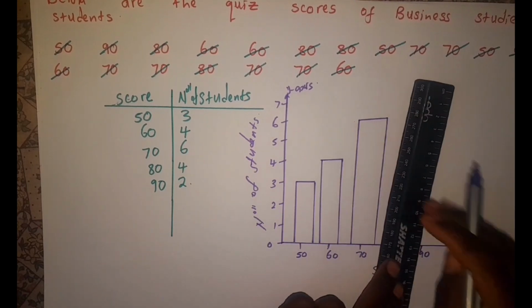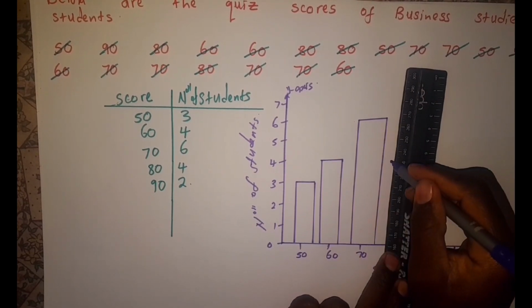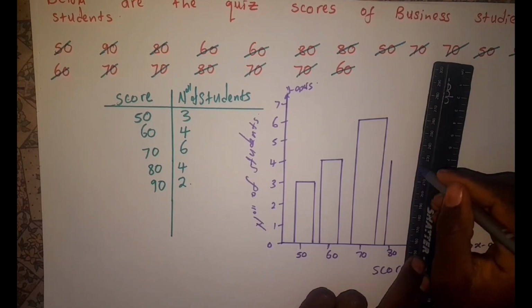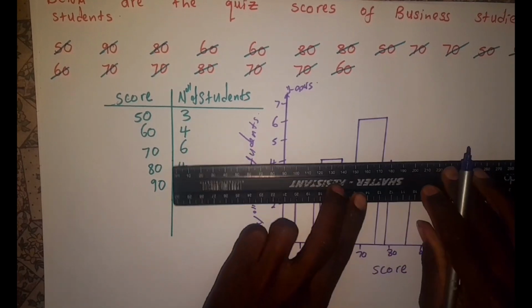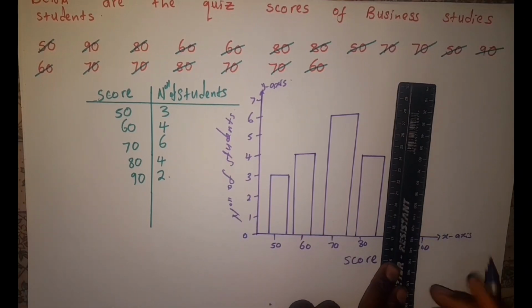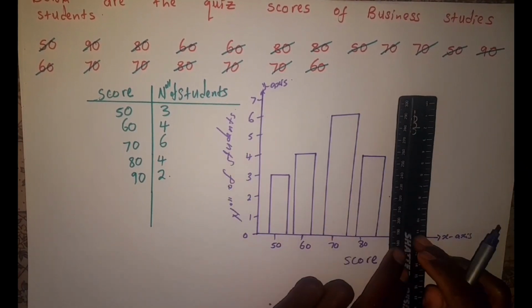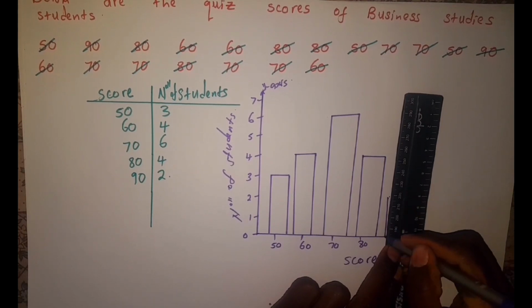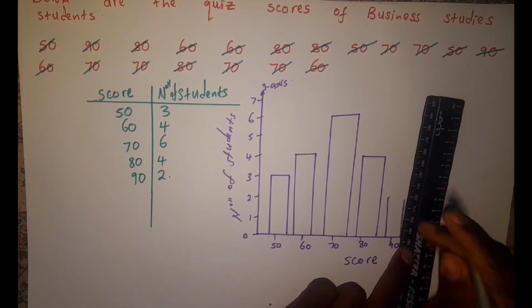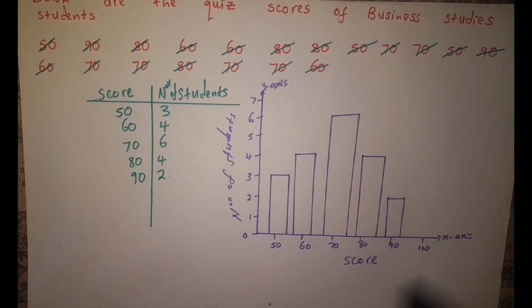And then those who scored 80, we have 4 students. And then we only have 2. So this is how you draw the simple bar chart.